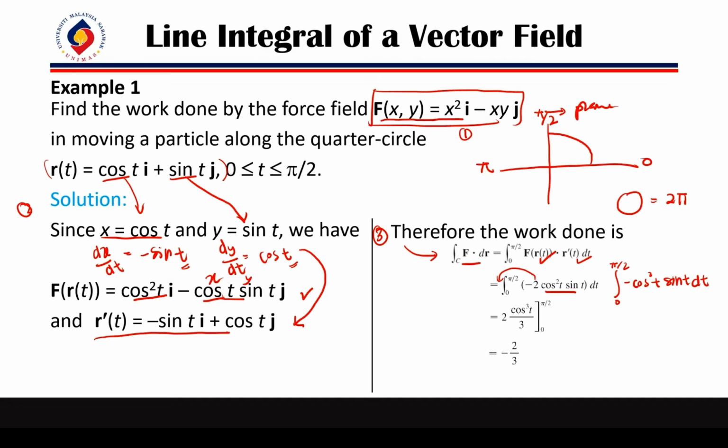So we have to substitute u equal to cos t, so maybe you can put it this way, u squared, because it's cos square t. Alright, so the rest, sin t dt, is equal to du. So we can solve this problem by u squared here.